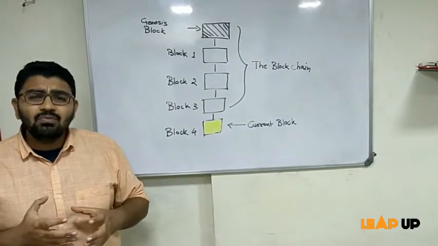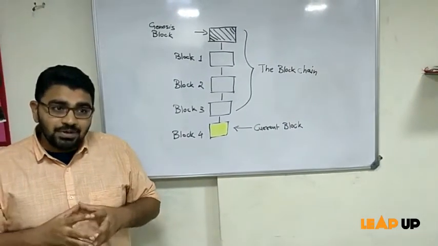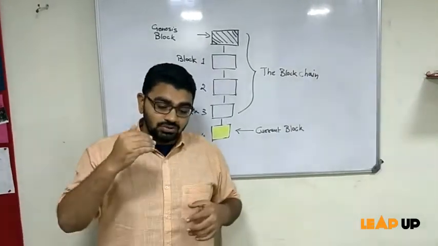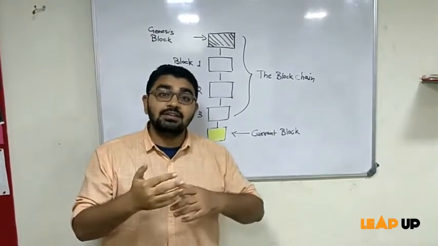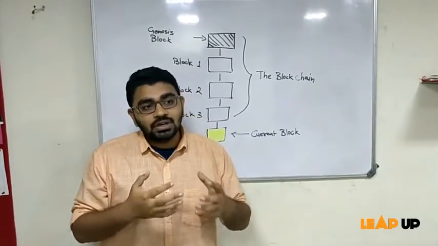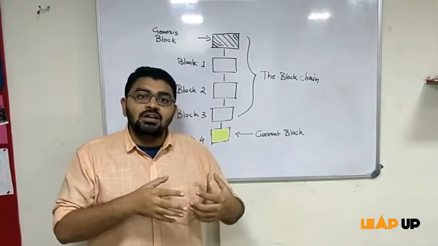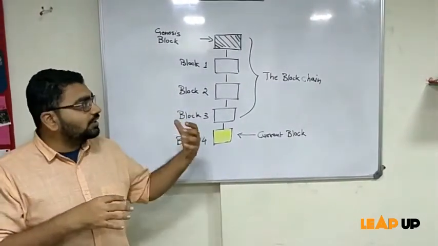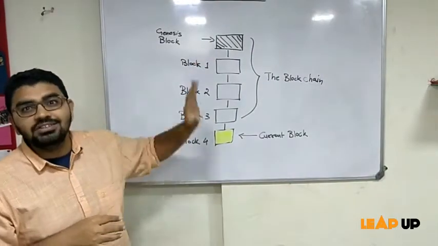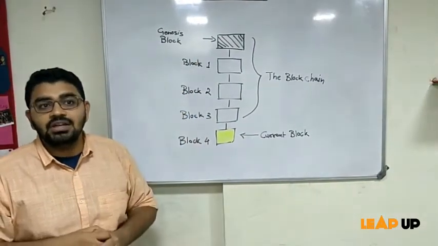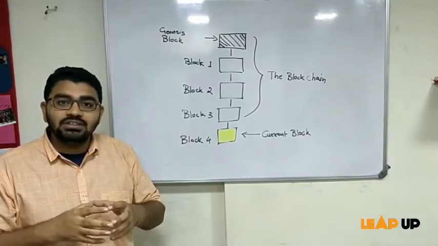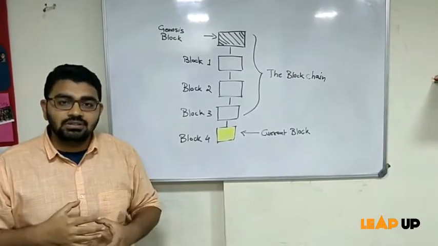Well, why would someone want to do this? Basically, the person who solves this puzzle first gets rewarded. Now, what kind of reward can you expect in the blockchain environment? Well, it is a token that carries a certain value in that environment, and that token is called a cryptocurrency.